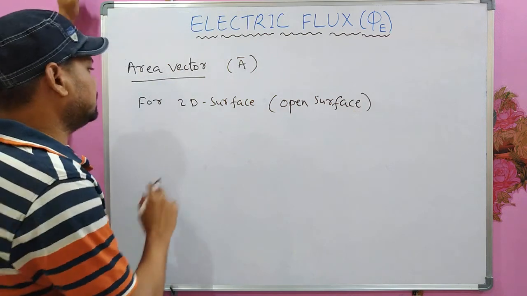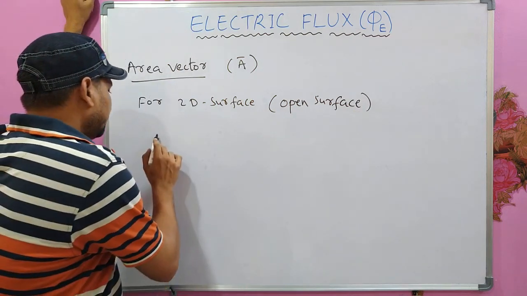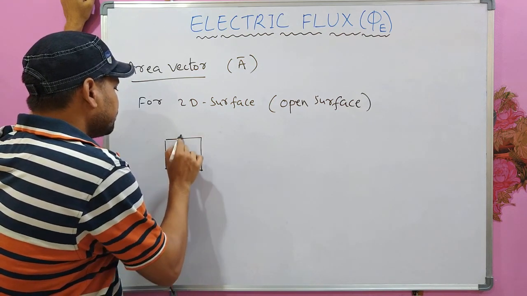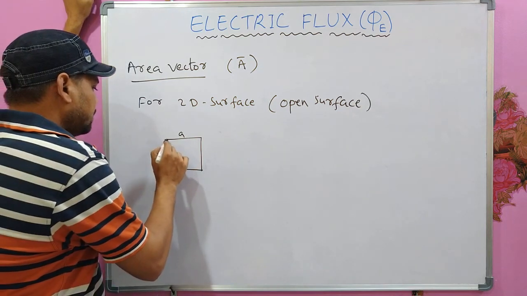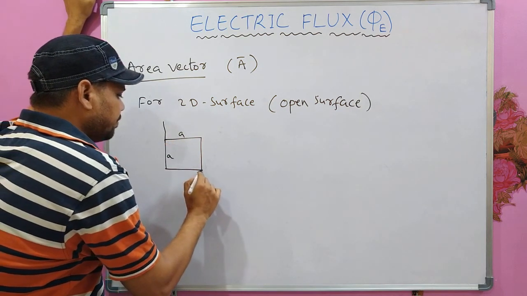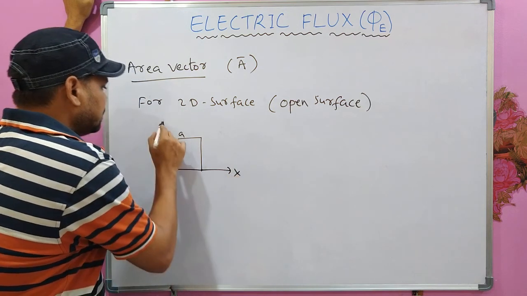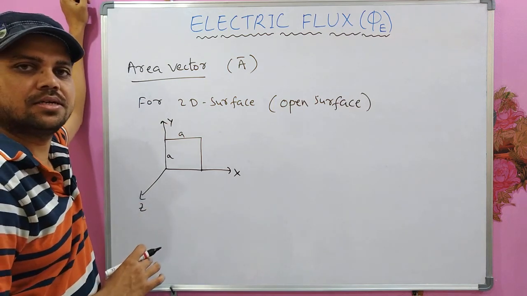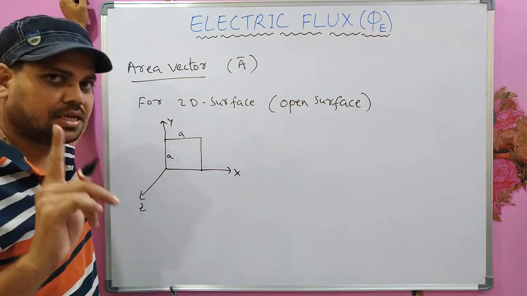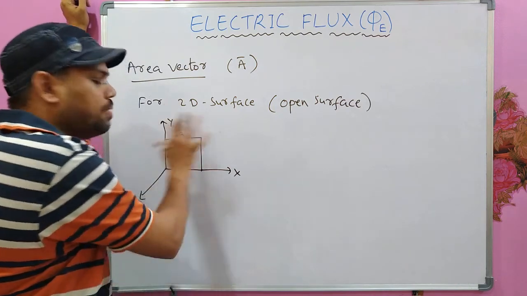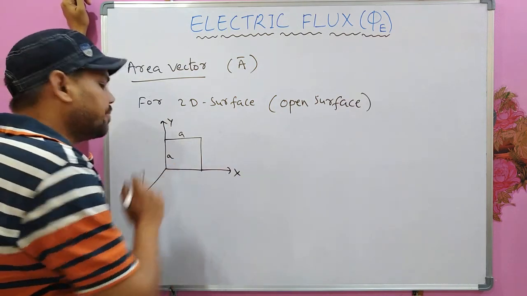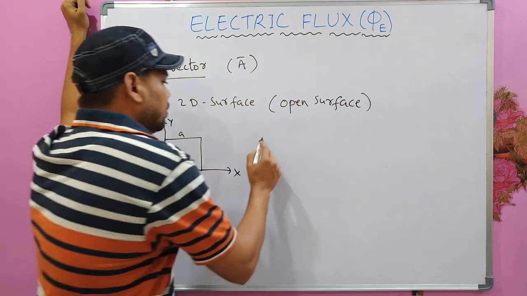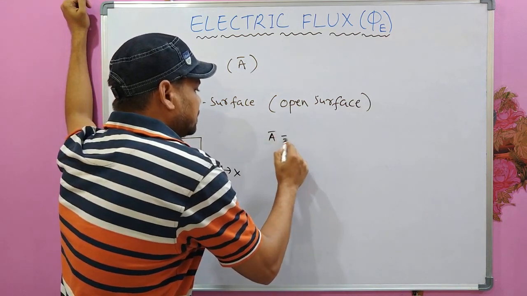The example for this kind of surface is, take one square of side A. Imagine this is in the xy plane, this is x, this is y, and this is z. The object we have considered is a square in the xy plane, whose side is A. If I ask you what is the area of this square, it is a vector.